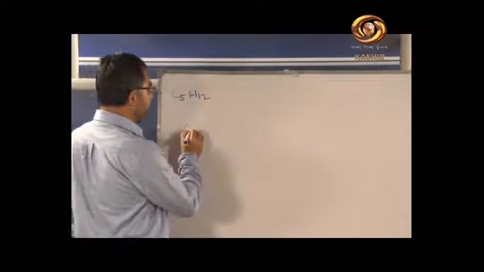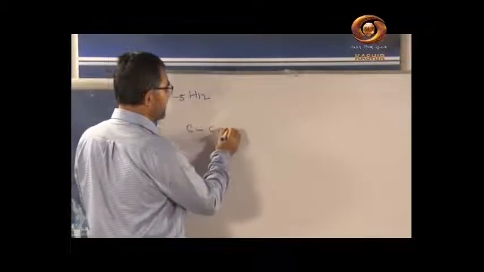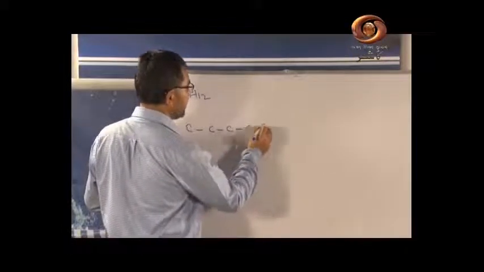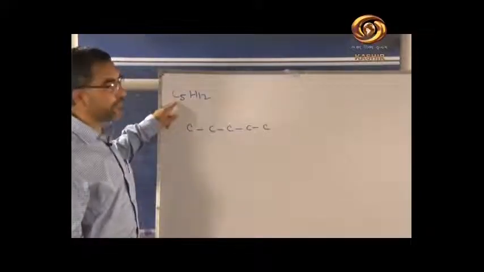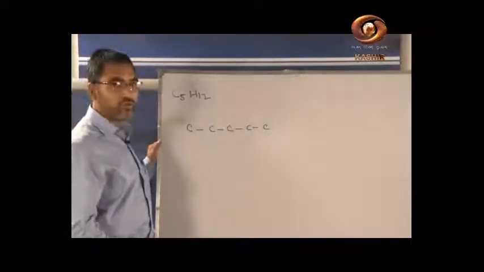then the first compound will be this: C and C. How many carbons are there? There are 5 carbons. Any doubt? No doubt.